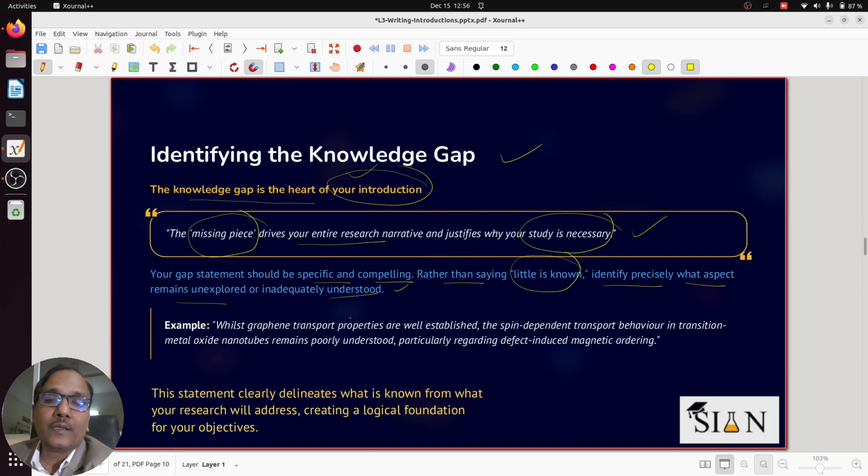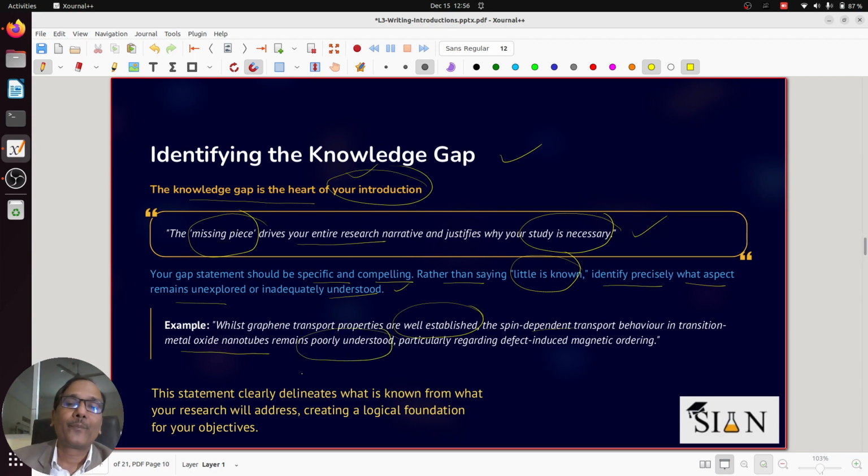So this is known as the research gap. One example is here. Whilst graphene transport properties are well established, we know about that, an abundant number of papers are there, the spin-dependent transport behavior in transition metal oxide nanotubes remains poorly understood.